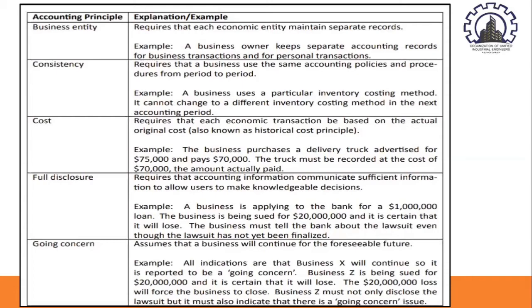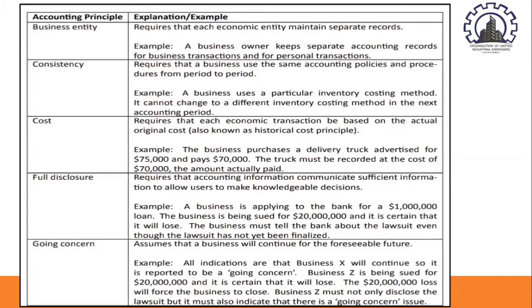For example, the business purchases a delivery truck advertised for $75,000 and pays $70,000. Now, the truck must be recorded at the cost of $70,000, the amount that your business actually paid. Okay, you cannot record 75 because you only paid $70,000 for it.